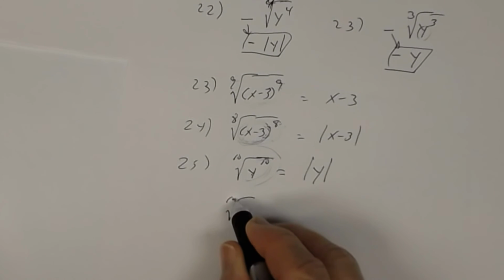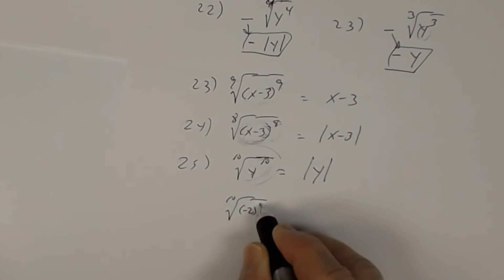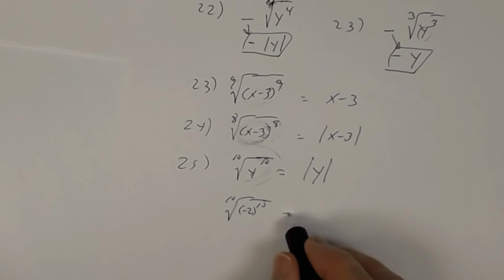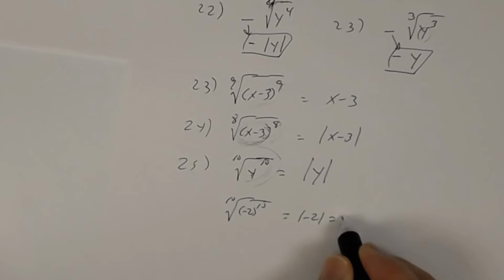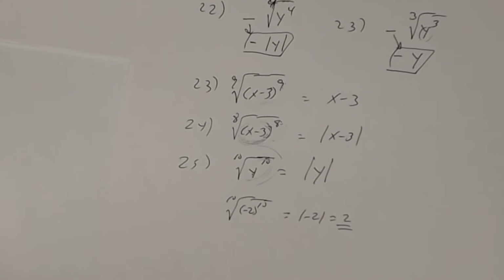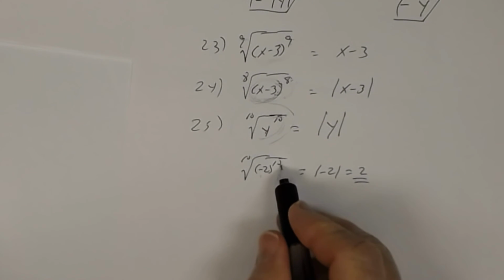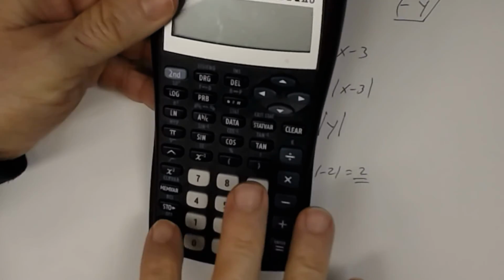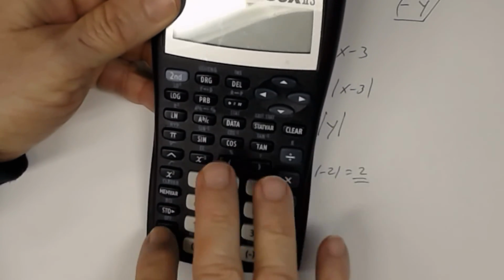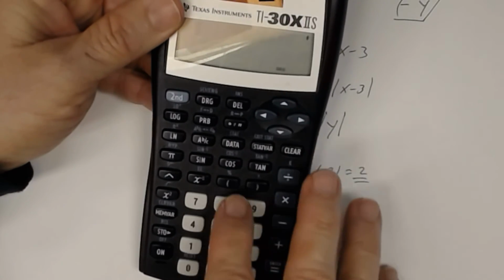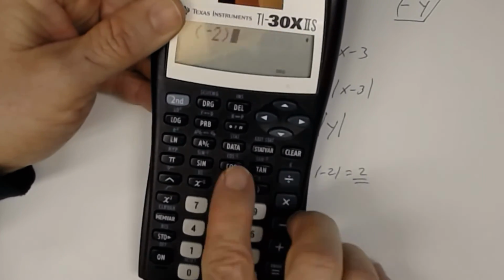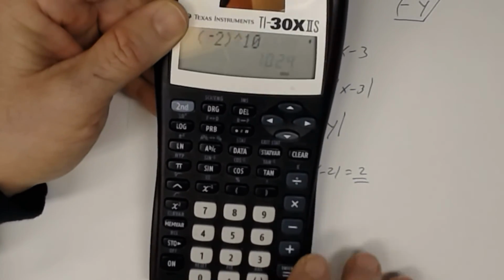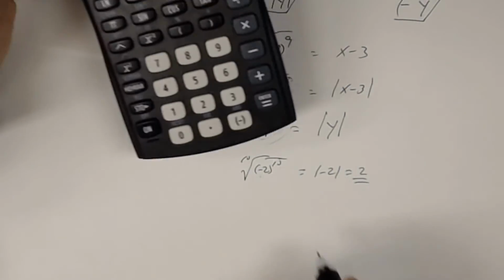So if I had the 10th root of negative 2 to the 10th power, you know the answer has to be the absolute value of negative 2, which is 2, right? Because negative 2 raised to an even power, and even if you used your calculator, negative 2 in parentheses, negative 2 raised to an even power, in this case 10, gives us 1024.